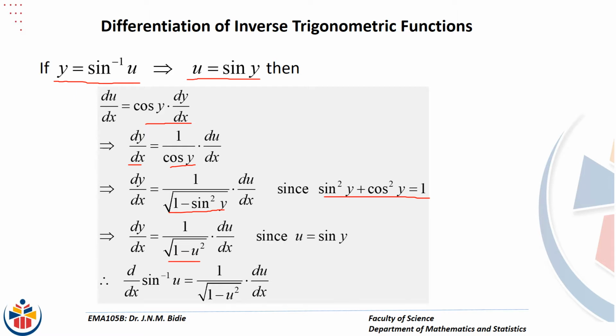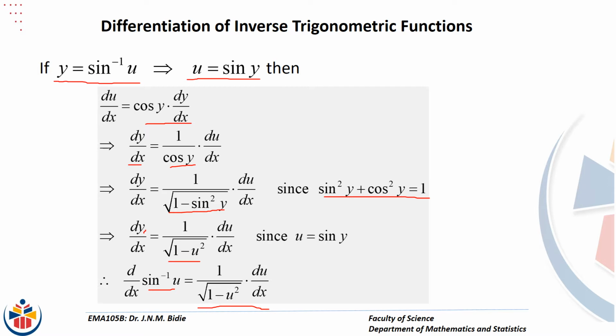Therefore, because we had said y is equal to arcsine u, the derivative of arcsine u can be given as 1 over the square root of 1 minus u squared multiplied by du over dx.